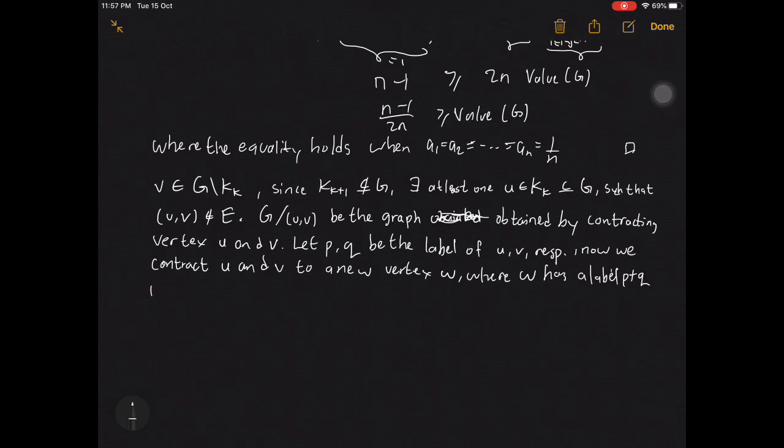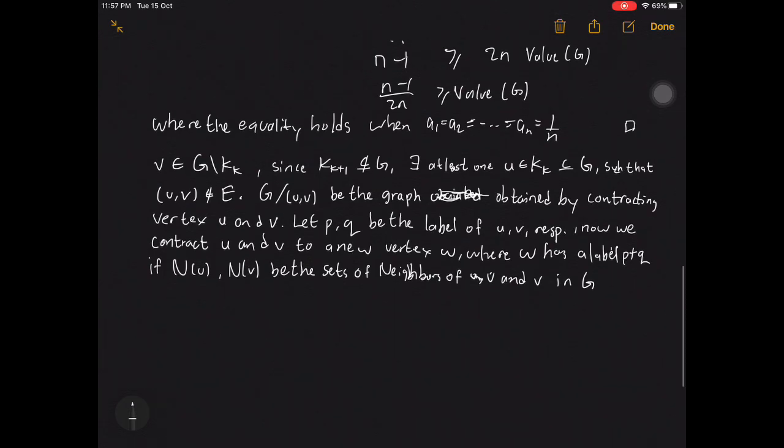Let N of U and N of V be the sets of neighbors of U and V in G.